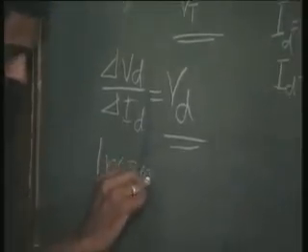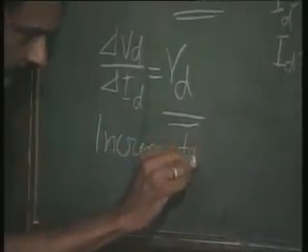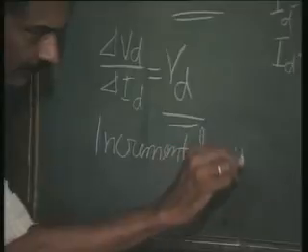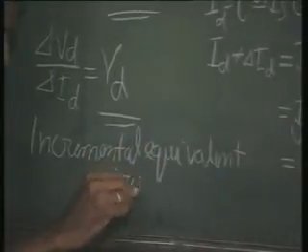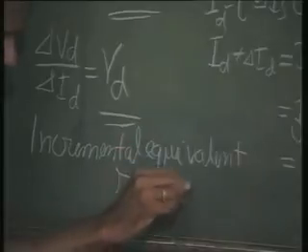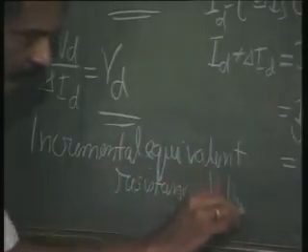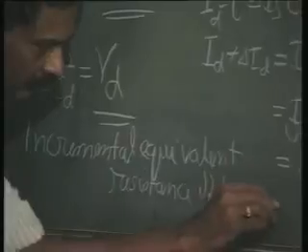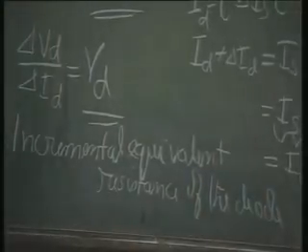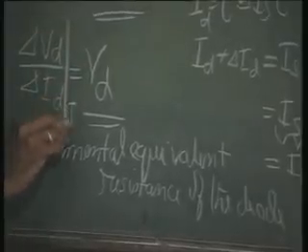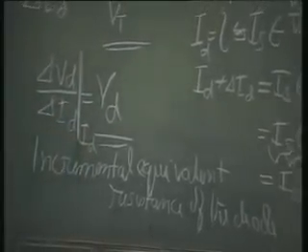Incremental equivalent resistance of the diode around the operating point. So, this is evaluated around I diode. What is this?